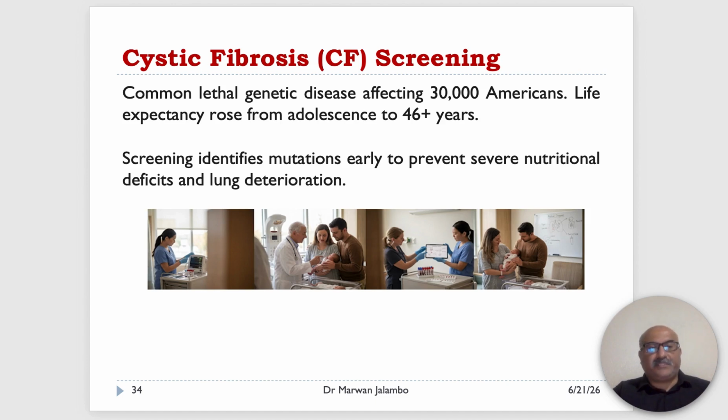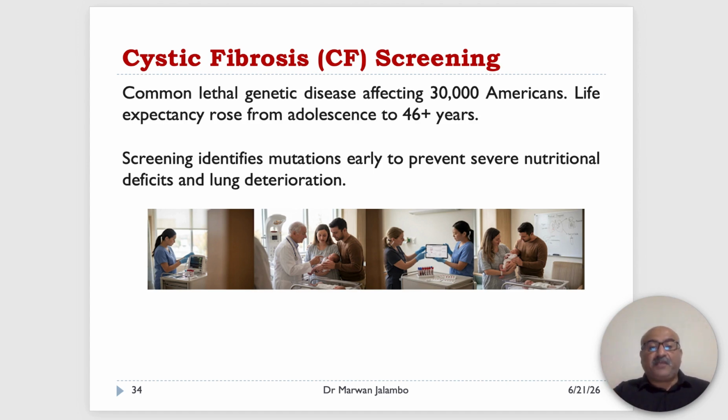Cystic fibrosis screening. One of the conditions added to modern screening panels is cystic fibrosis. Cystic fibrosis is a lethal genetic disease causing severe lung and digestive issues, affecting tens of thousands. Thanks to early newborn screening, we can identify infants with cystic fibrosis mutations immediately.